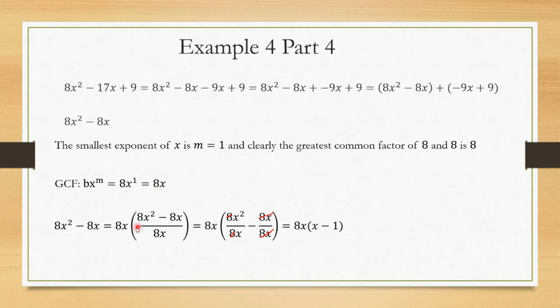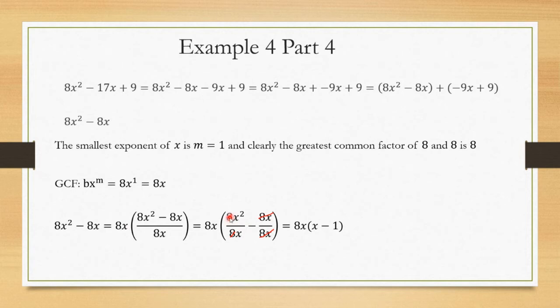What do we do next? We factor it. Namely, we put it in front and we divide like so. When you divide, you divide into each term. I do have the red ink here from the previous class, but hopefully you can still see what's happening.